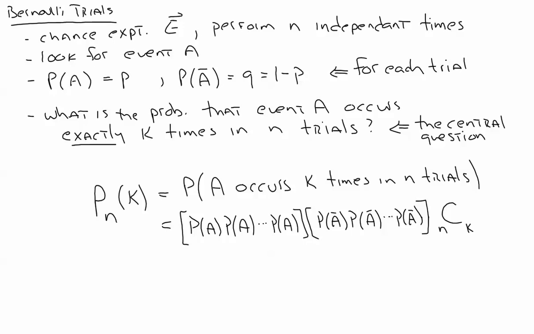Okay. So what we're going to do is we're going to multiply the probability that A occurs k times, all right, we're going to multiply that times multiple probabilities that event A does not occur. So this will occur n minus k times.